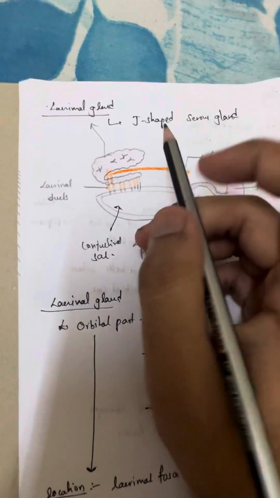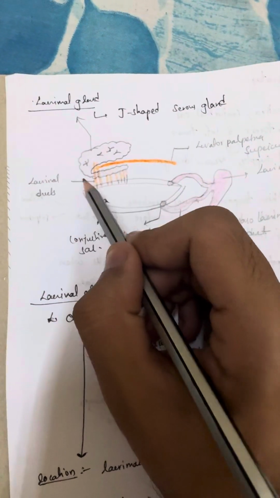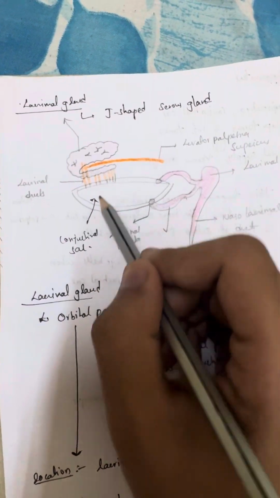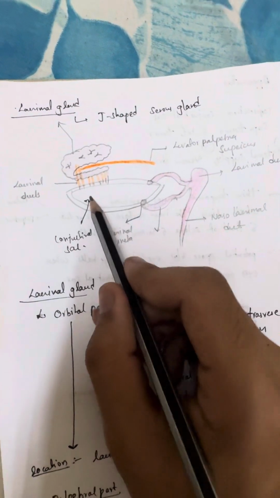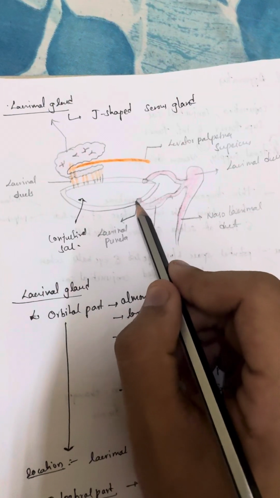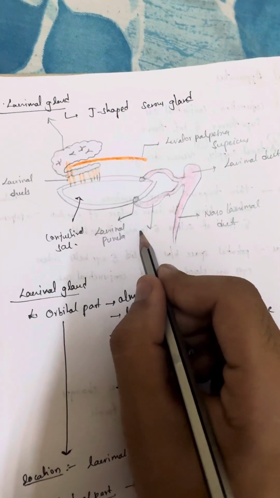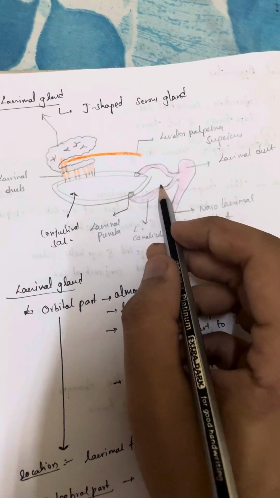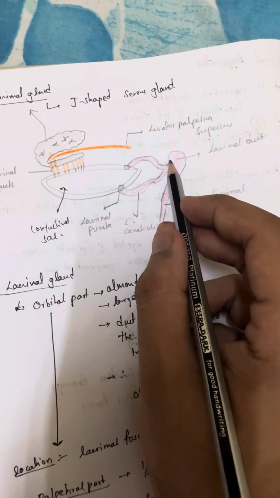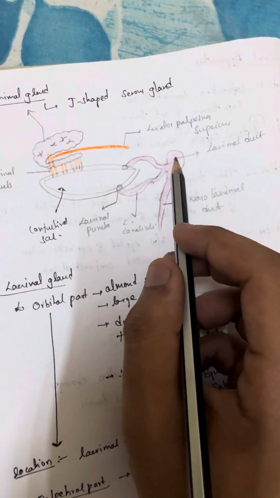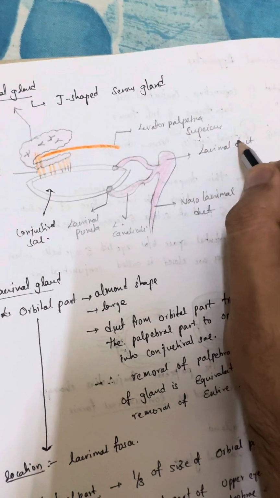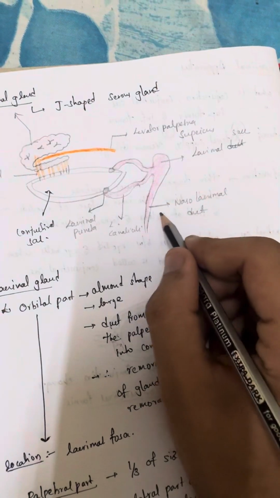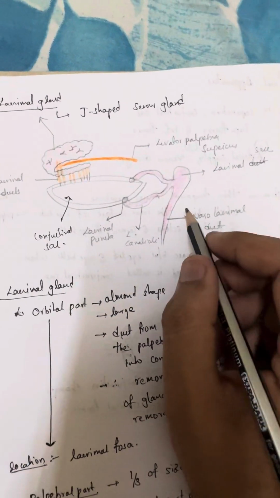So this is the lacrimal gland, and these are the lacrimal ducts, and they open into the conjunctival sac, and here are the lacrimal puncta, and here are the lacrimal canaliculi, and these canaliculi open into the lacrimal sac, and the lacrimal sac into the nasolacrimal duct.